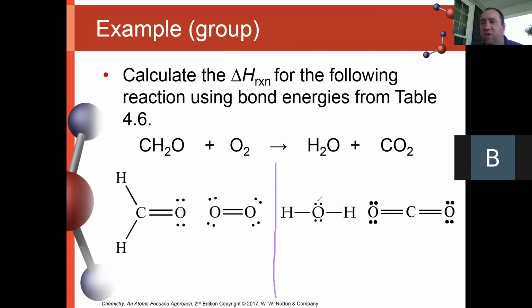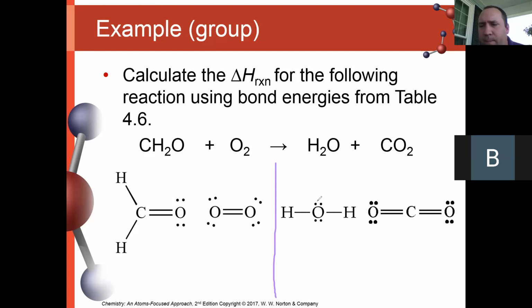And then for those of you that don't have the table handy, I'll go over to the table and let you look up the values that you need. So go ahead and take about 90 seconds, figure out what bonds are being broken, what bonds are being formed, and take it from there.